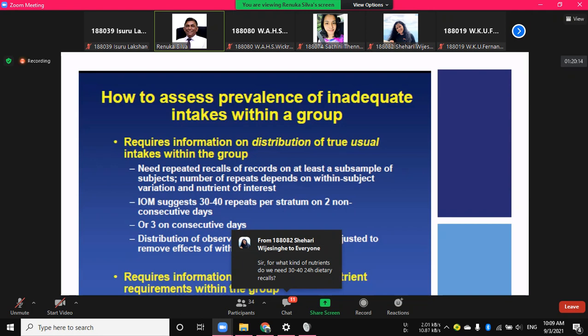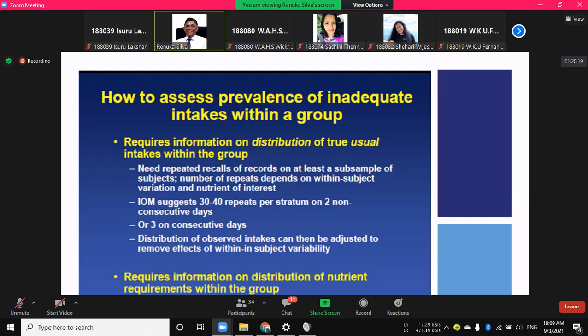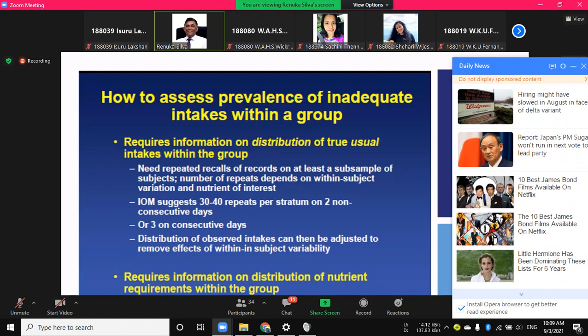Or 3 consecutive days, like Sunday, Monday, Tuesday, or Friday, Saturday and Sunday. Minimum 30 to 40 repeats per group, not 30 to 40%.